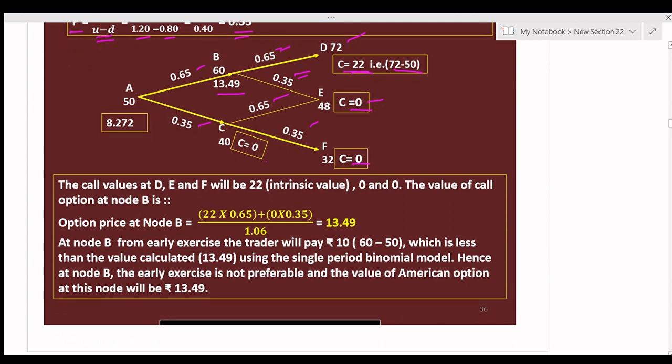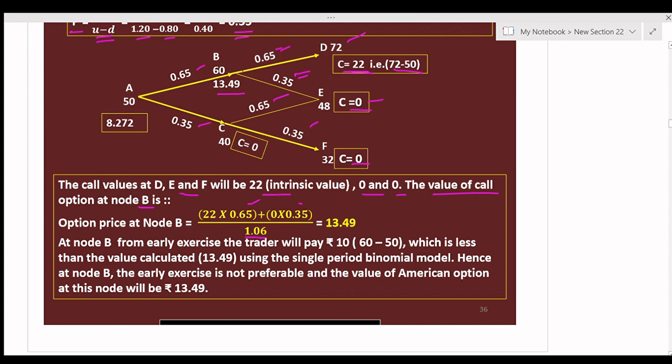Now come here, the call values at D, E, F will be 22 and 0 respectively. The value of call at node B is equal to 22 into probability 0.65 plus 0 into 0.35, divided by 1.06.